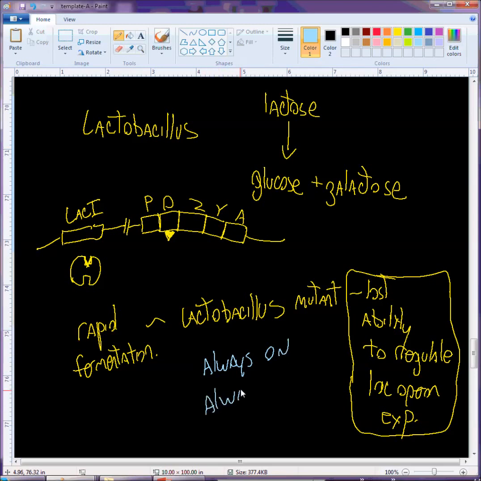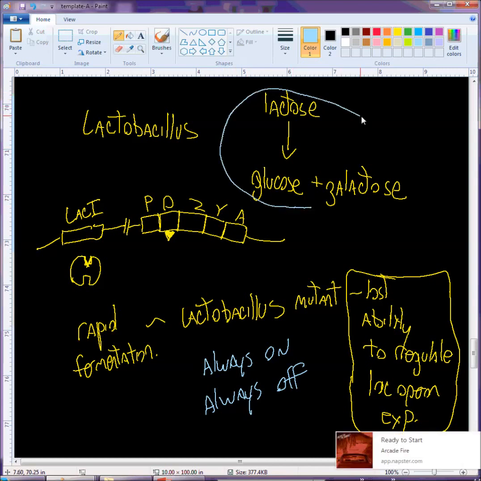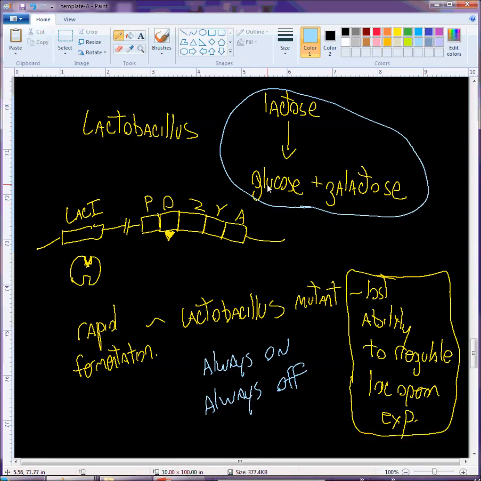And this is kind of too simple, right? I think this is way too simple, because unless there's something I don't understand, which is completely possible. But if the purpose is to break down lactose into glucose and galactose, and the mutant is working better than the wild type strain.